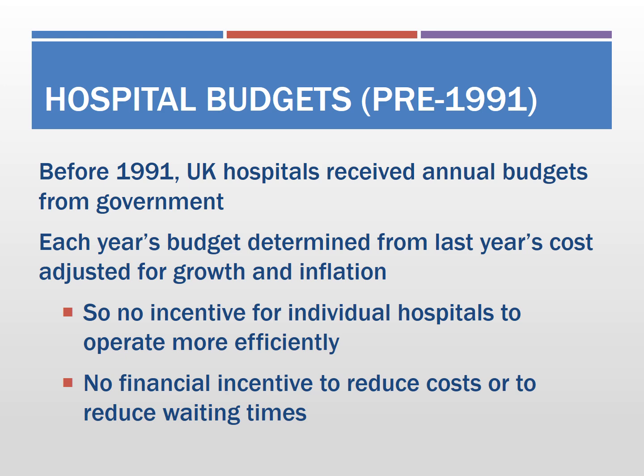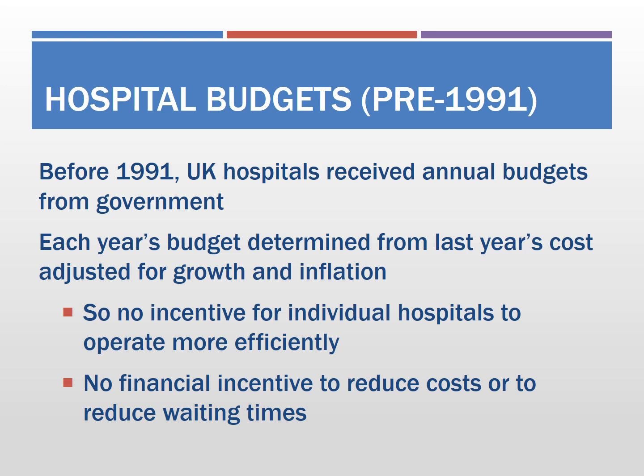With this fixed budget system, the problem is there is no incentive for the hospitals to operate more efficiently, because they know that regardless of how many patients they treat or how many services they provide, they will always receive that fixed amount of money.